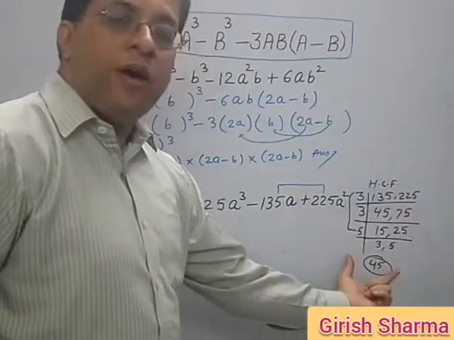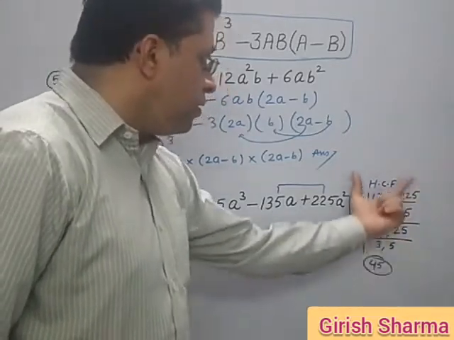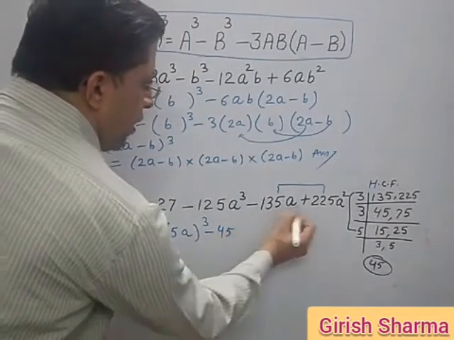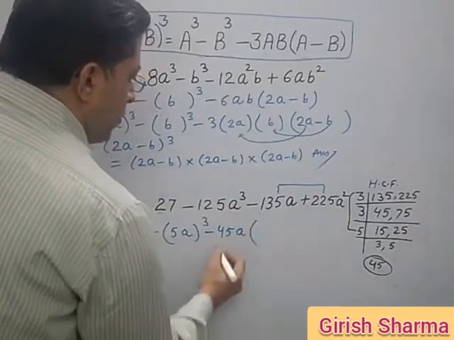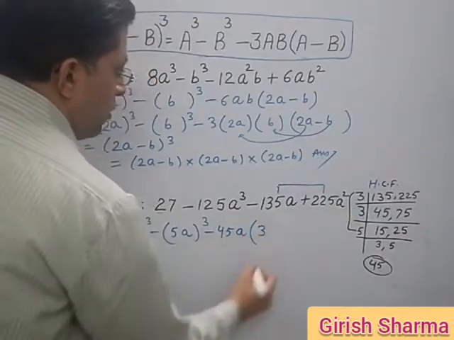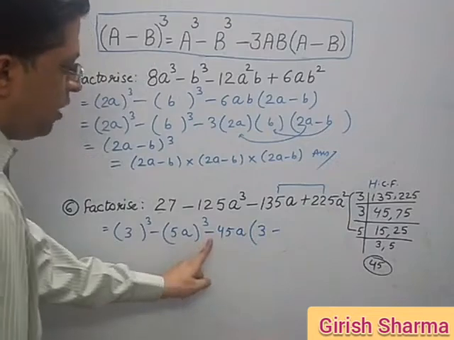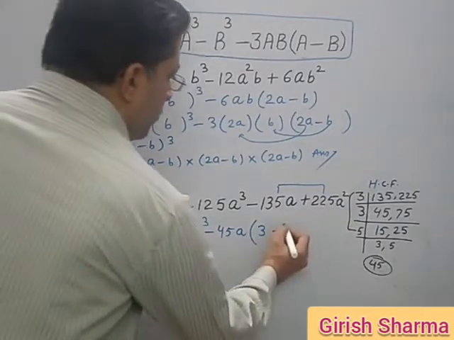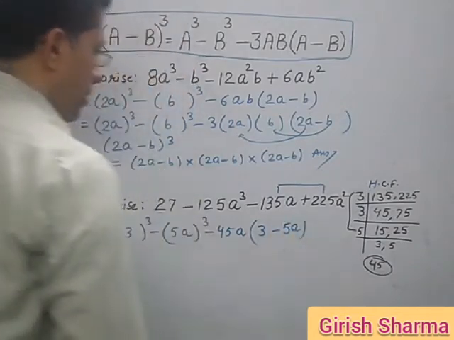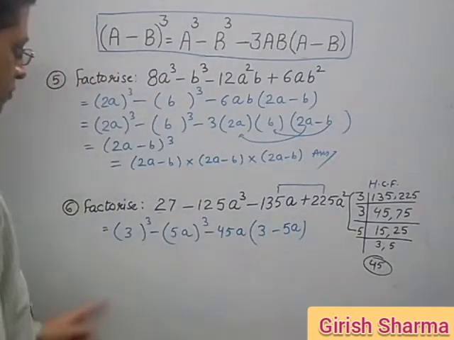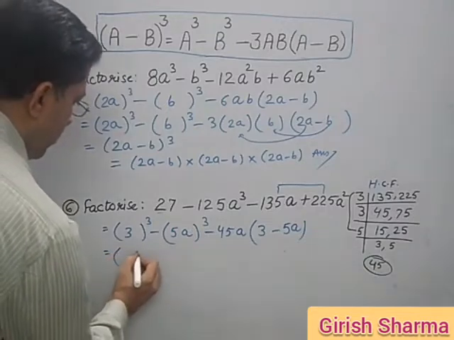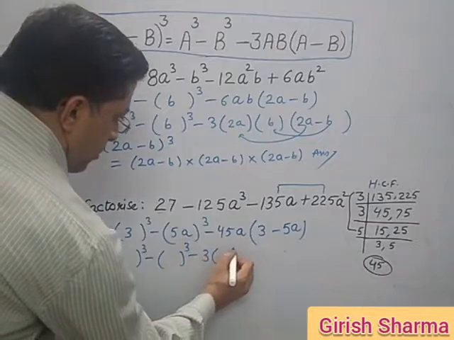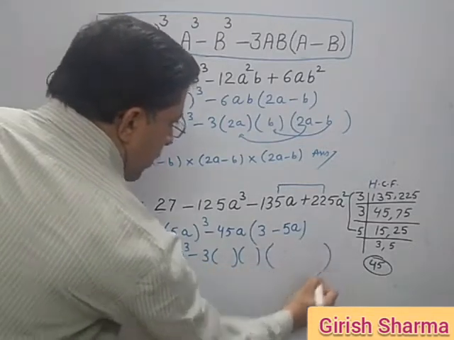With the help of HCF I can take out 45 very easily. So minus 45 and a is their factor. Then minus sign is outside and in between also minus will come. Then this will be 5a. Can I convert to standard form? A cube minus b cube minus 3ab(a minus b).